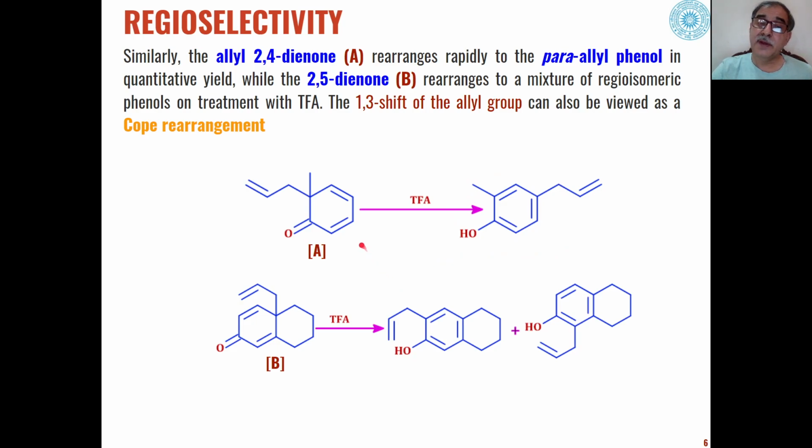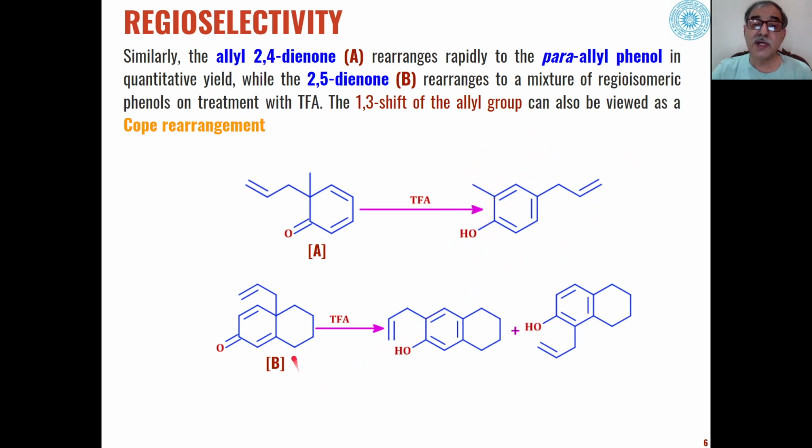And a small amount of product is also formed where we are having migration of the methyl group to the third position instead of allyl, but the exclusive quantitative product formed is this one.